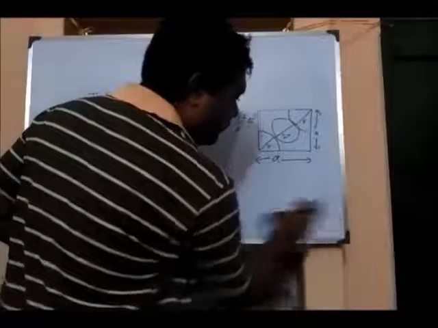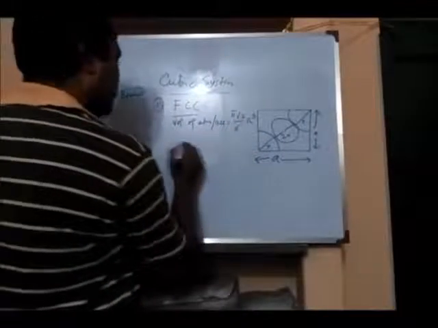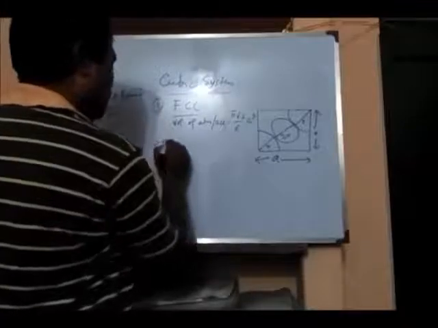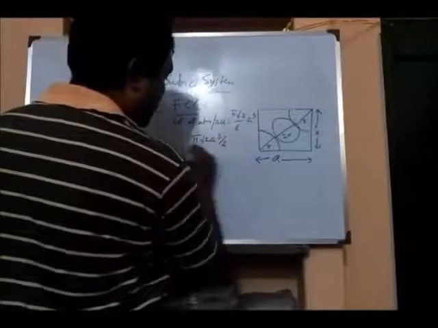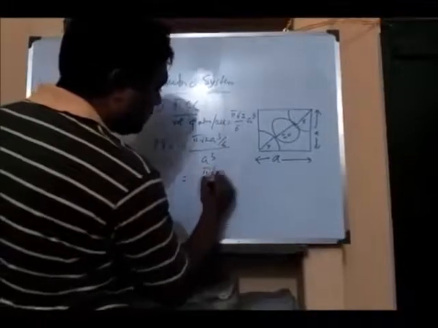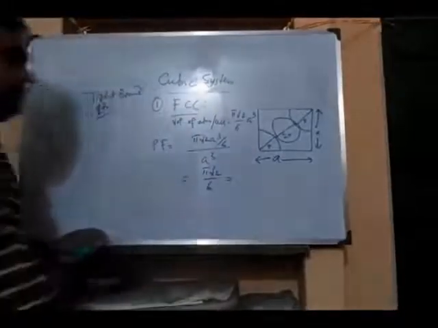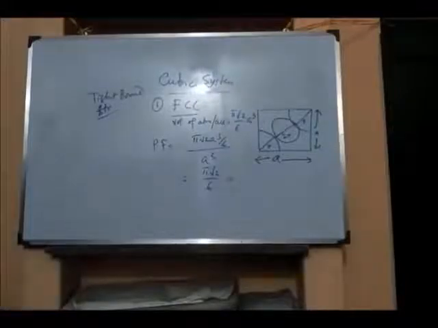Now the total volume of this unit cell is a cube. So the packing factor in this case is pi root 2 a cube by 6, divided by a cube. So this will be just pi root 2 by 6. Now if you calculate the value of this, it will be approximately 0.74.